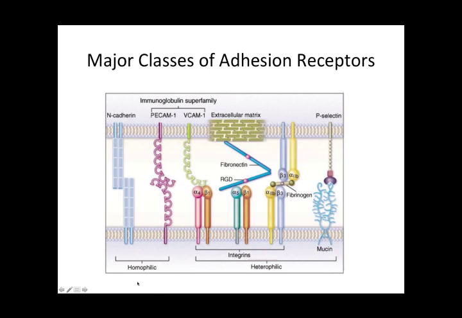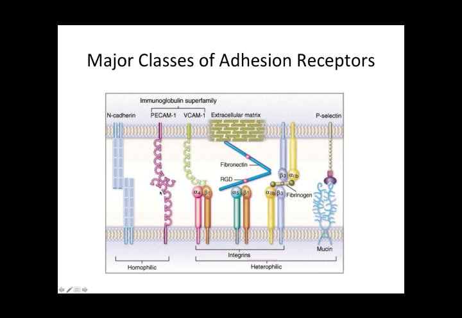So our cell-cell adhesion molecules can function in a homophilic manner, so they bind one cell to the other cell by binding to the same type, so a cadherin here and a cadherin here, or they can be heterophilic, so a selectin here can bind to a different protein on the other cell, or an integrin on this cell is going to bind to fibronectin, and then that binds to the extracellular matrix.